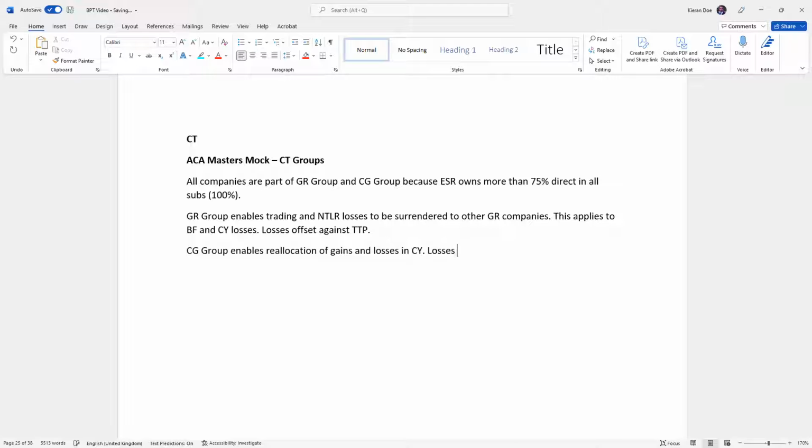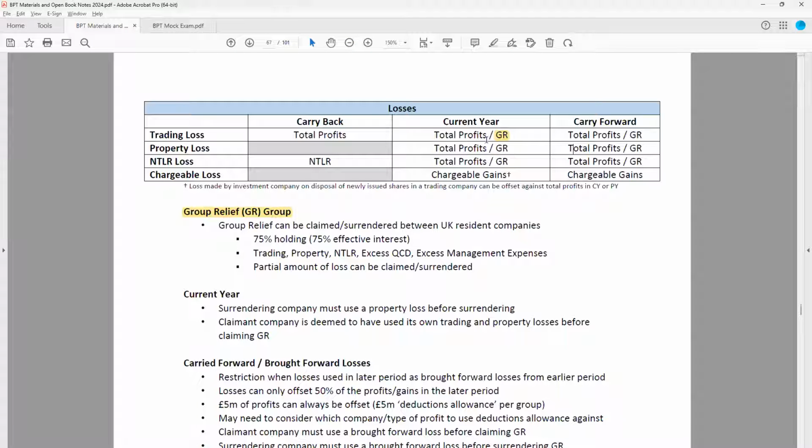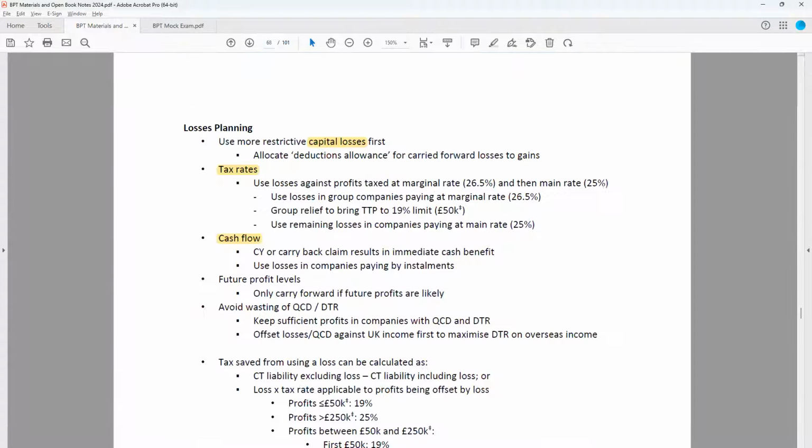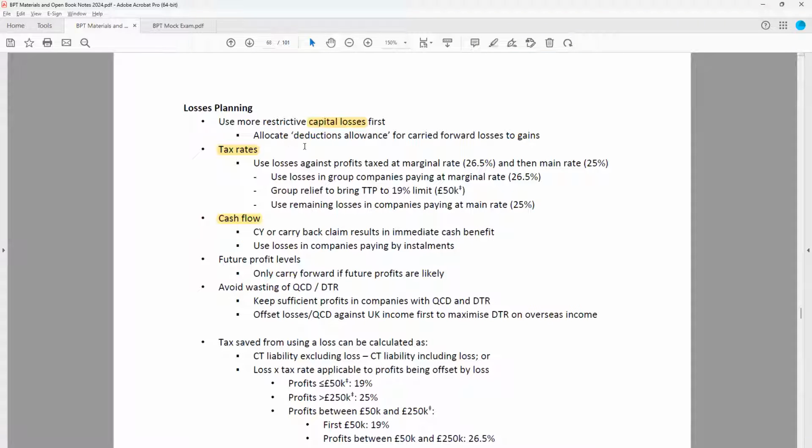And then we could say, losses offset against chargeable gains only. And this is why they're more restrictive. Trading losses go against total profits. Chargeable losses only go against chargeable gains. So losses on trading, property and NTLR are much more flexible than chargeable losses. And that's why we're going to focus on using that chargeable loss first of all.